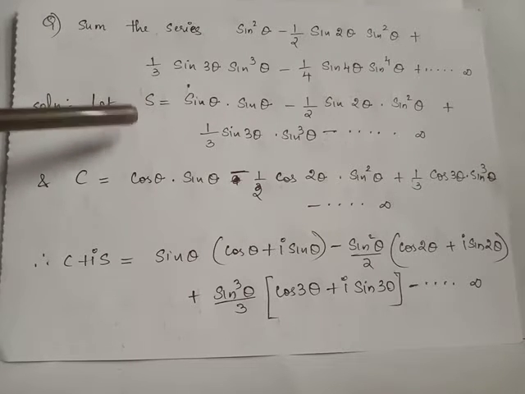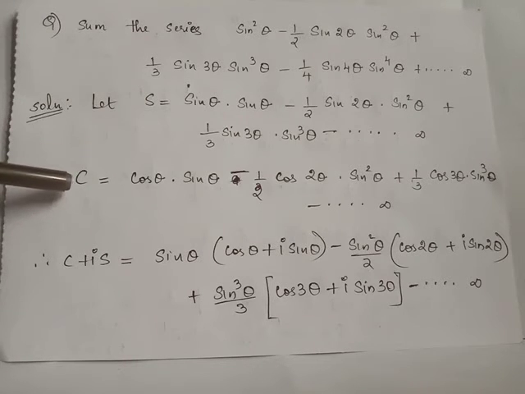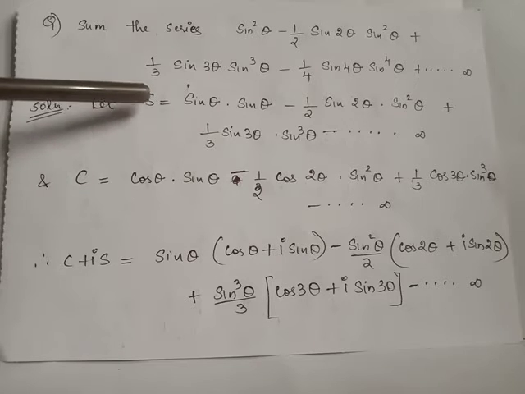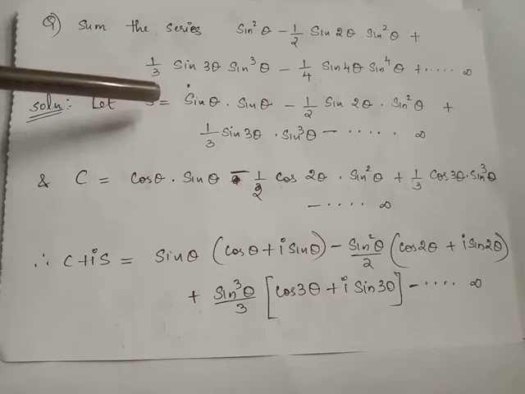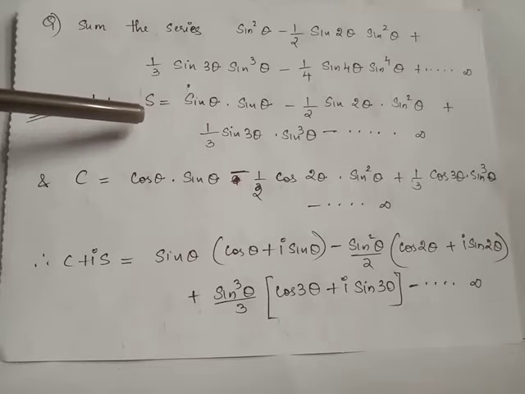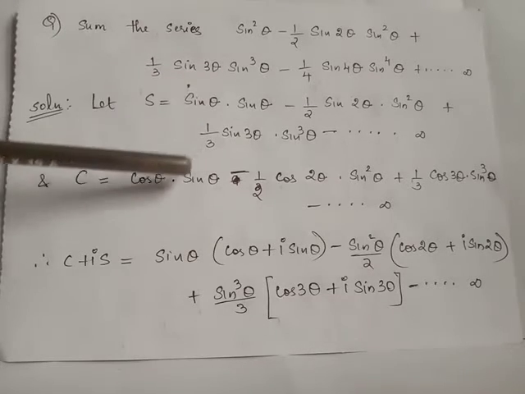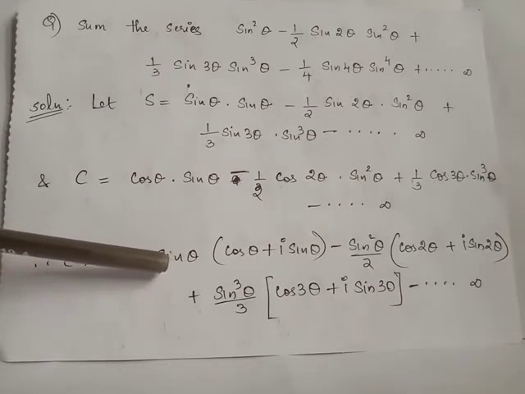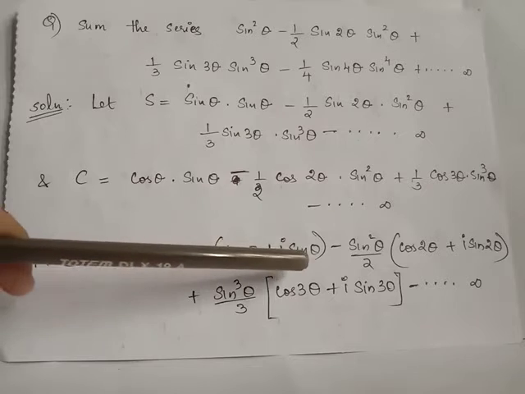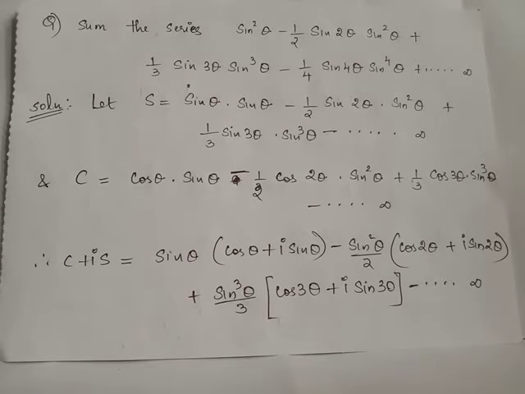So we frame the cosine series for each question by looking at the behavior of the given sine series. Now, having framed the C series, we will group terms of similar fashion such that we can apply Euler's identity. When we group the first two terms, we have sin θ taken common outside, and cos θ + i sin θ is the other factor.